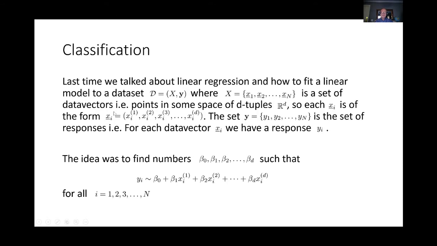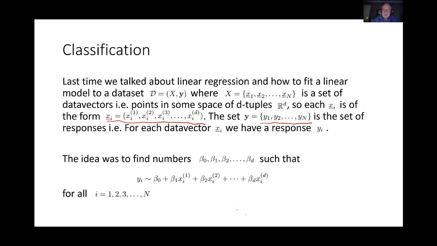So each data vector xi is a d-tuple of real numbers, like here. And for each data vector we had a response, which is just a real number.